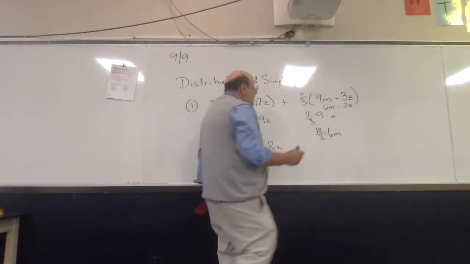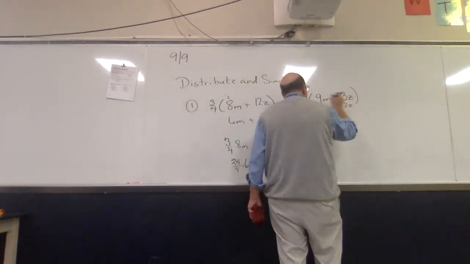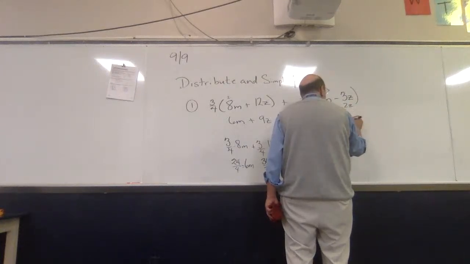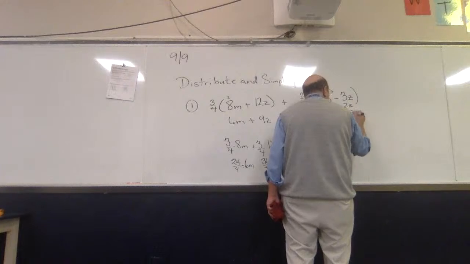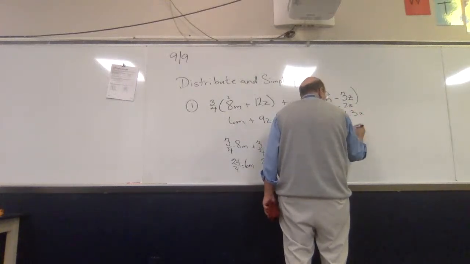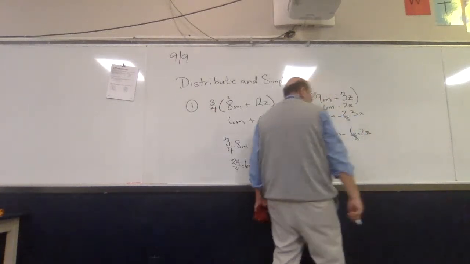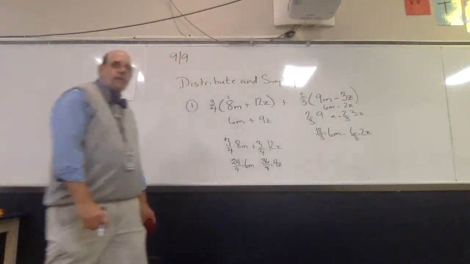Good. Minus 2/3 times 3z. So that's 6/3, which is 2z. Right? Good?